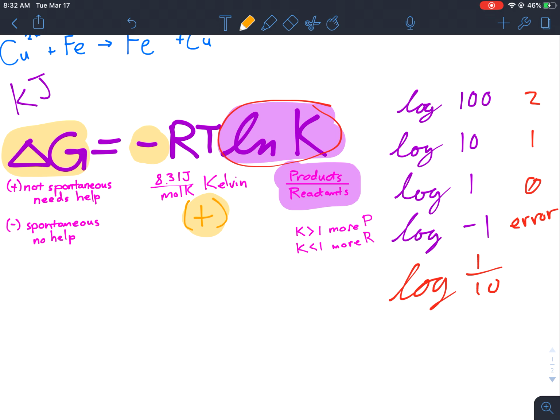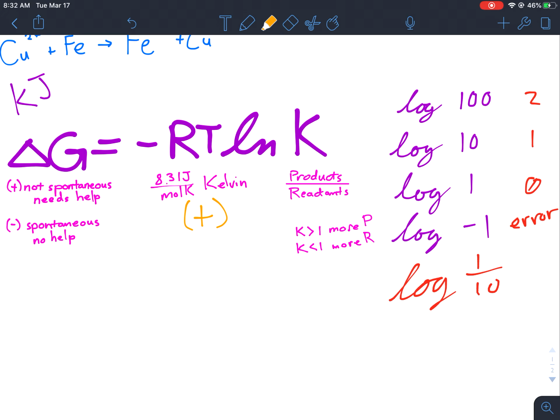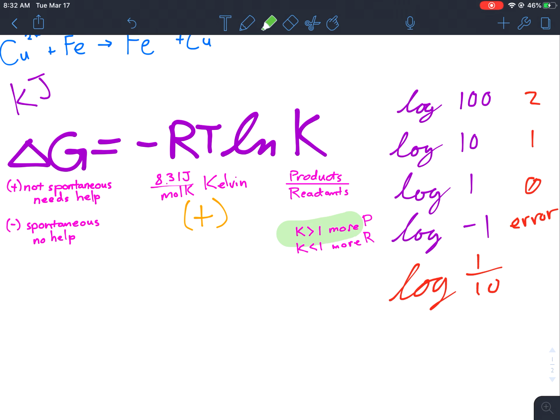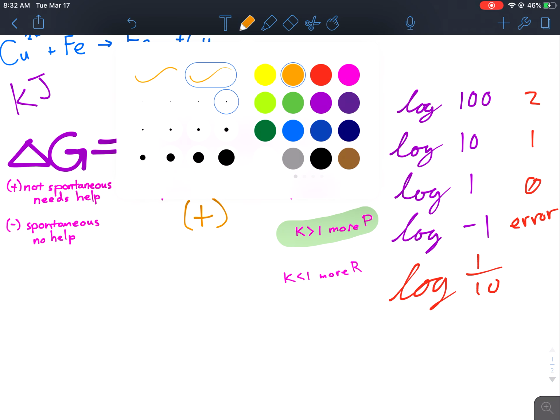All right, let me kind of clean this up so we're not confused here. If I have a lot of product, that means my ln K overall became what?